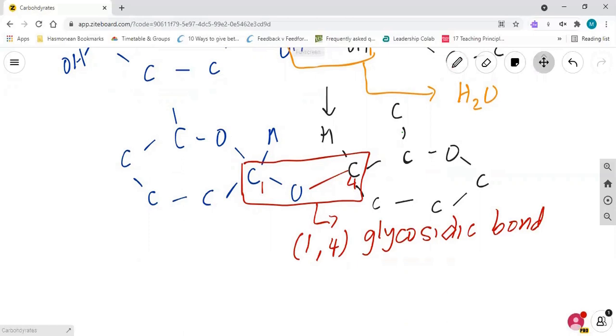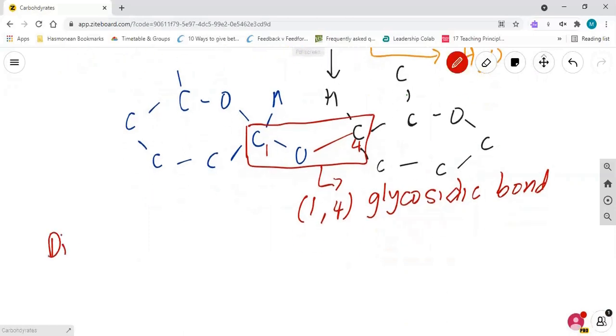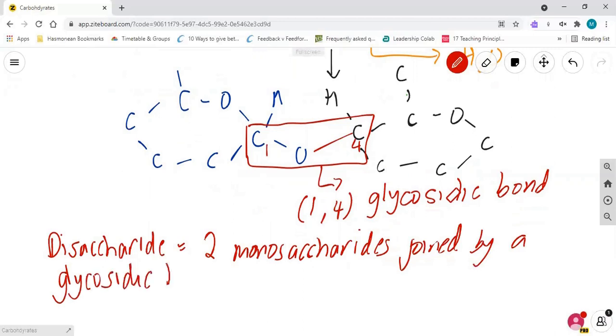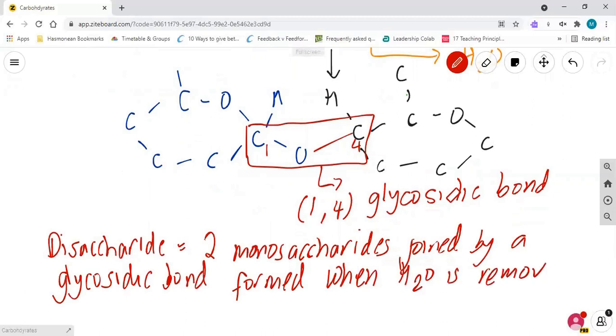So a disaccharide is two monosaccharides joined by a glycosidic bond formed when water is removed in a condensation reaction.